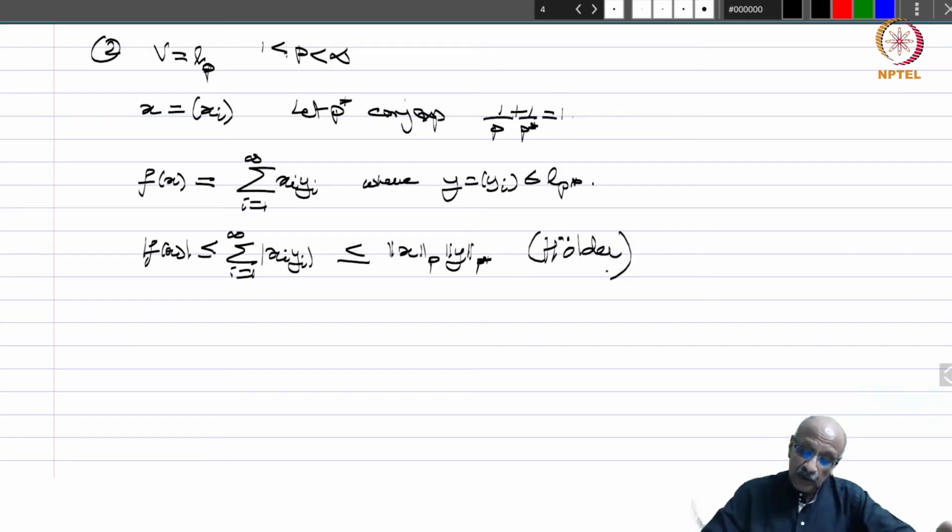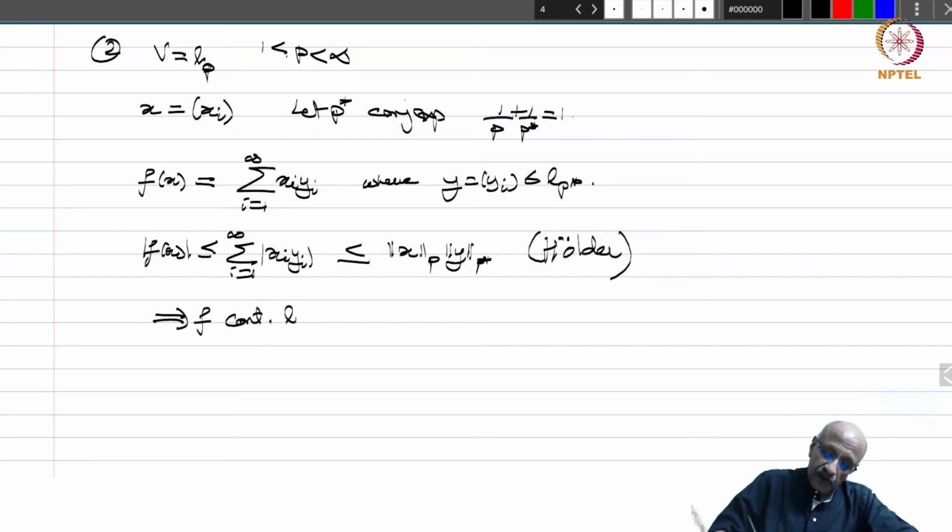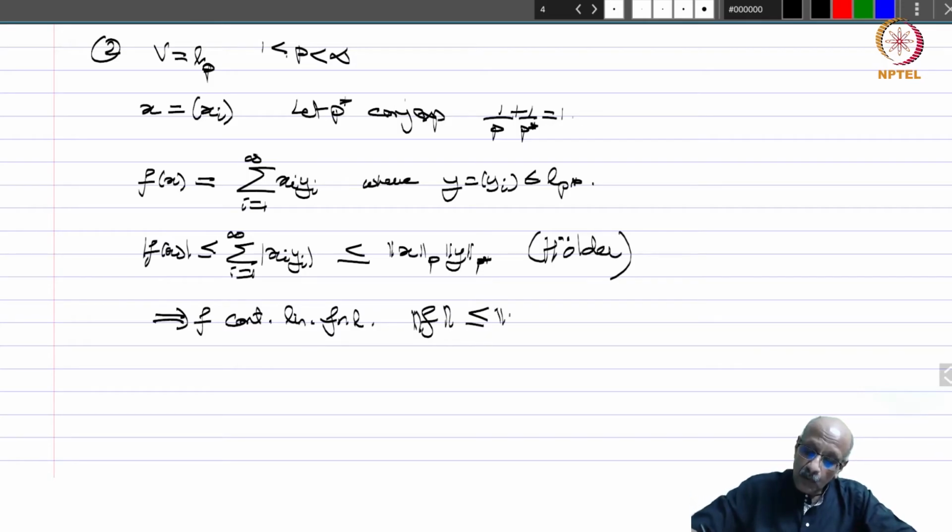Therefore, this is not only well defined, it tells you that this is a continuous linear functional. So this implies that f is a continuous linear functional, and norm of f is less than or equal to norm y in p star.